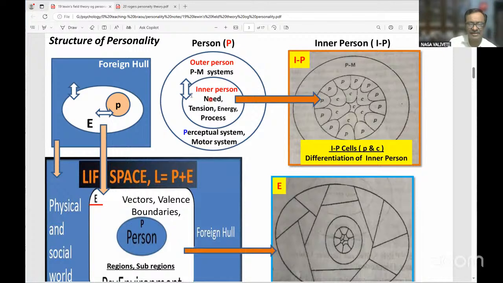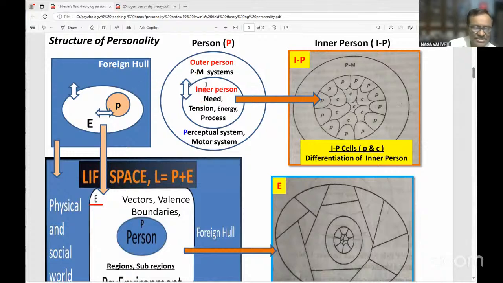Where from? There is no direct contact between them. It is coming through the outer person. From where is the outer person getting it? From the environment. This is the physical environment, psychological environment, outer person, inner person.